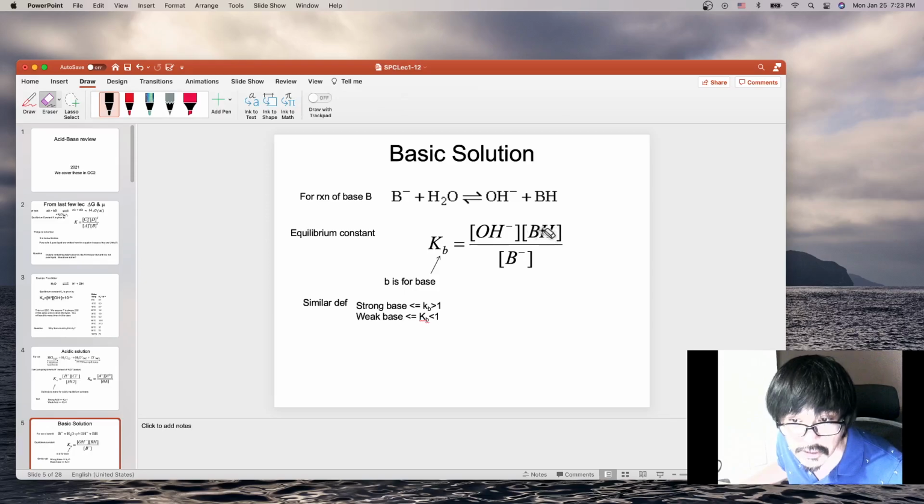That's the conjugate acid, and then the original base is at the bottom. And just like the strong acid and weak acid definitions, for the strong base, Kb has to be strictly greater than 1, and for the weak base, Kb has to be less than 1.